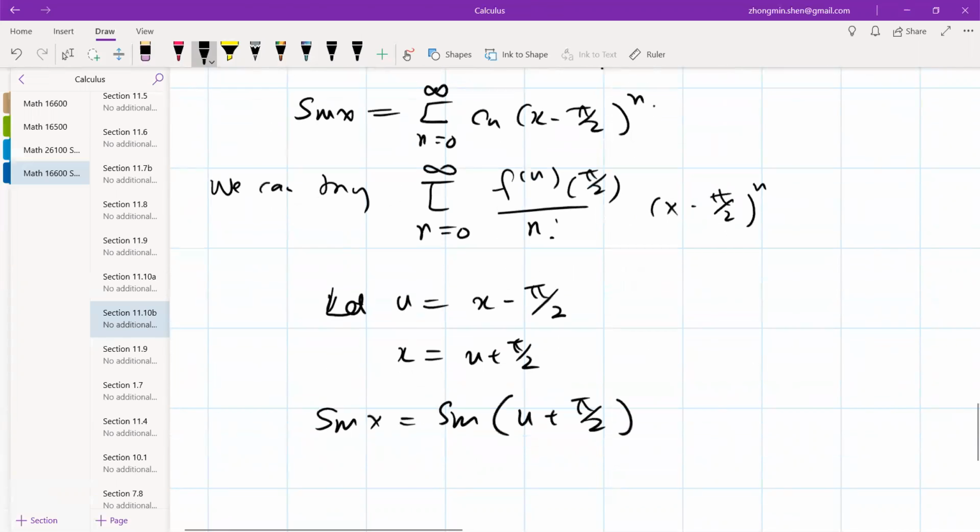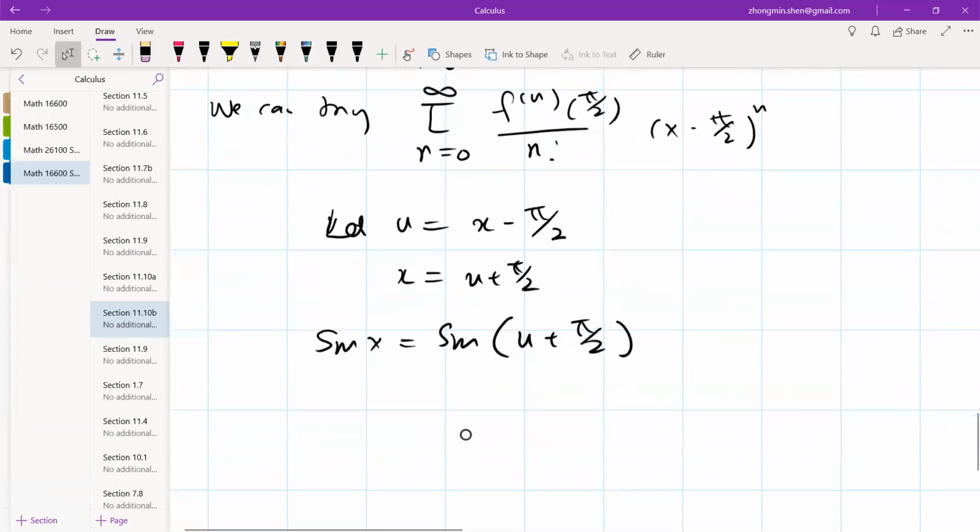Got it? So I'm going to express the power series in the form c n times u to the power n, because u is x minus pi over 2.